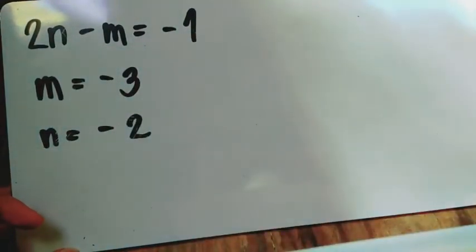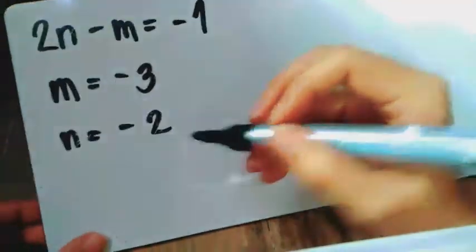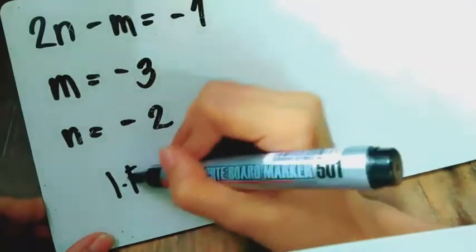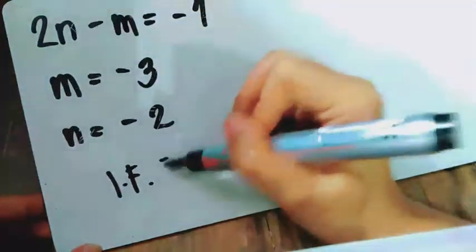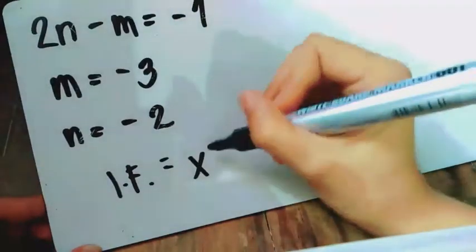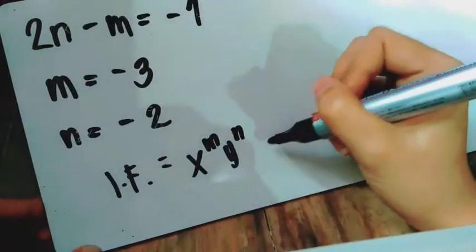After that, pwede na tayo mag-proceed sa integrating factor. Since kung i-compare nga siya dun sa previous problems, gagamitin natin dito is x raised to m and y raised to n.